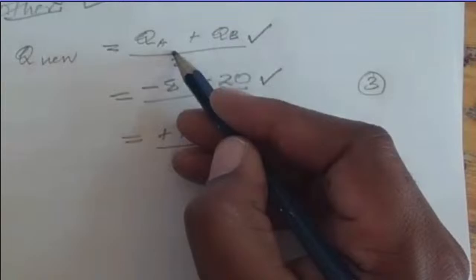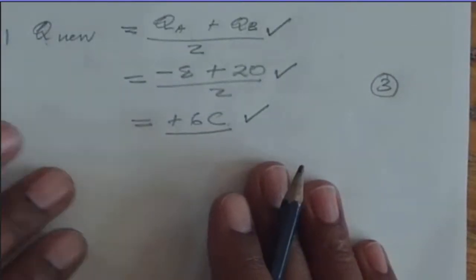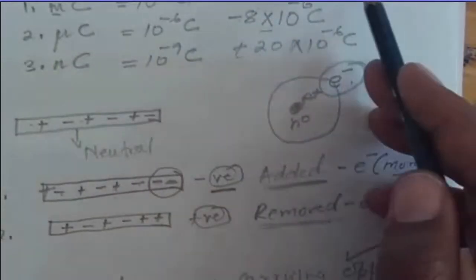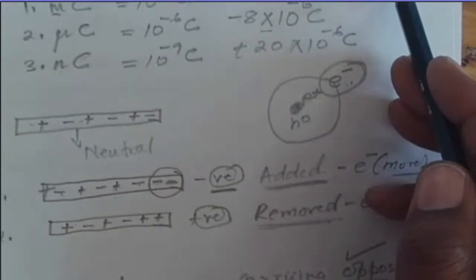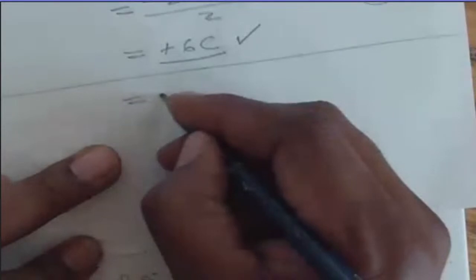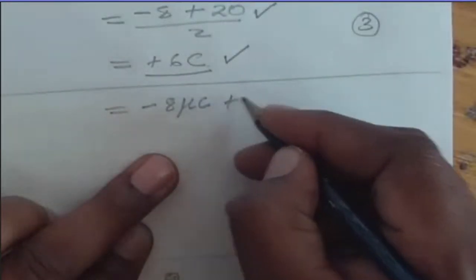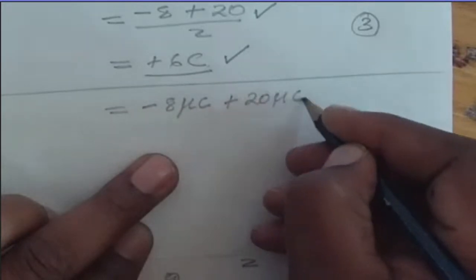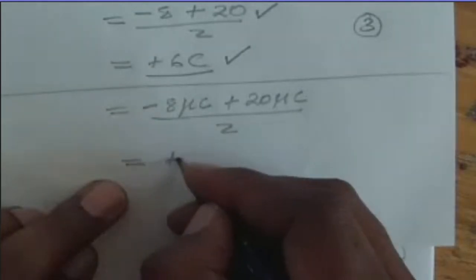But if maybe this charge is -8 microcoulomb plus 20 microcoulomb, you can do this. This is extra information. I'm having -8 microcoulomb, don't change it, plus 20 microcoulomb, then divided by 2. So you're going to get positive 6 microcoulomb.